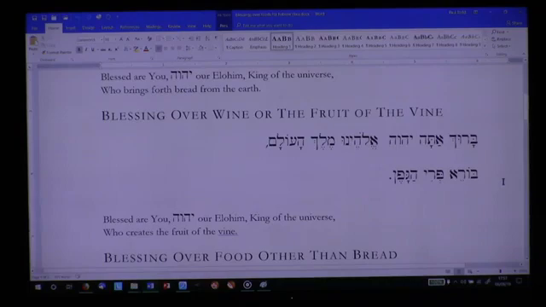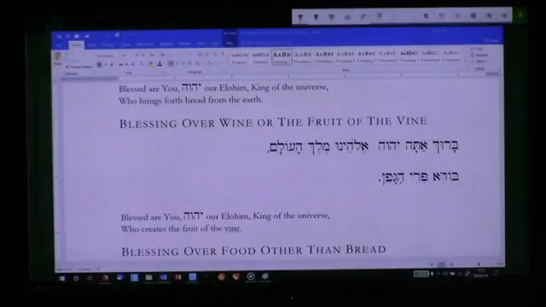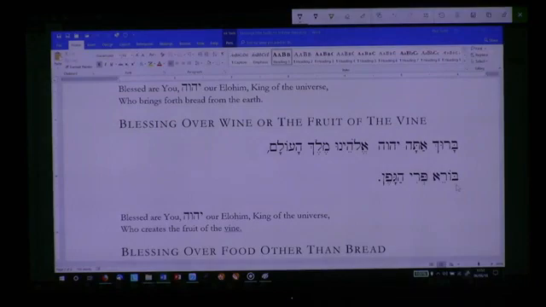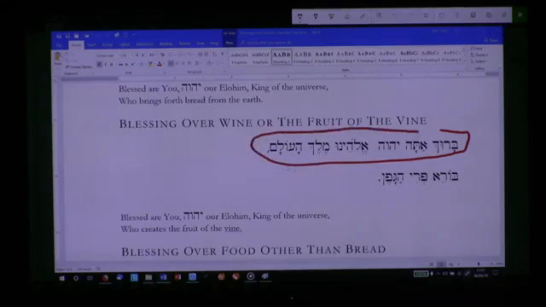We also say this blessing over the wine. So at Pesach, we are going to say this part of the blessing 4 times. And it is, again, Baruch atah Yahweh Eloheinu melech haolam.